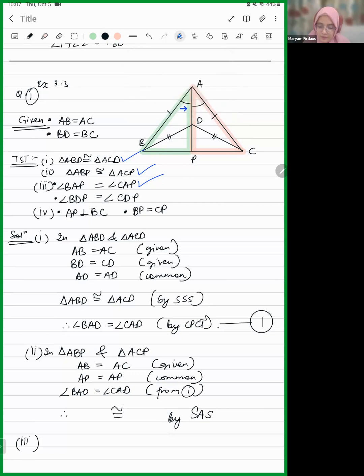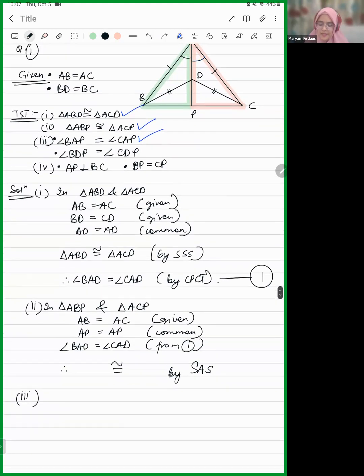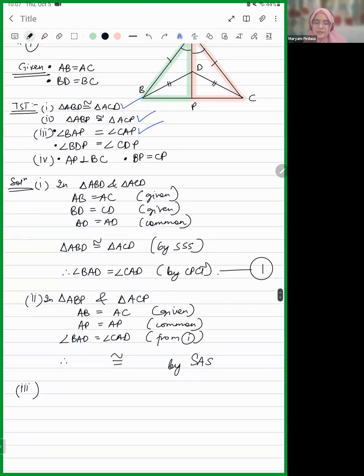So next, we have to show that angle BDP is equal to angle CDP, meaning this angle is equal to this angle. How do we show this now, someone?